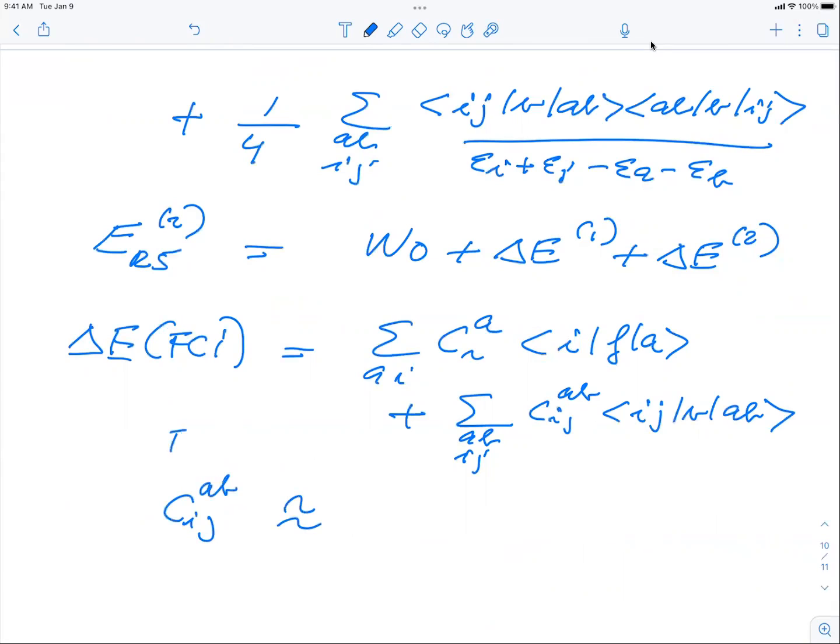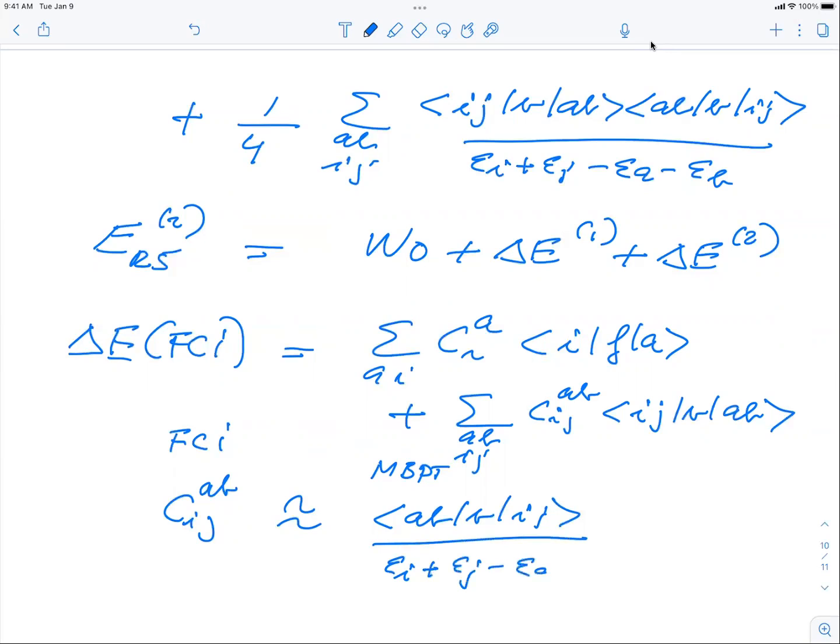So this is the FCI. And here we have the many-body perturbation theory piece. This one is now given by my term AB, V_ij divided by epsilon_i plus epsilon_j minus epsilon_a minus epsilon_b. So this is the way I can now interpret these coefficients.